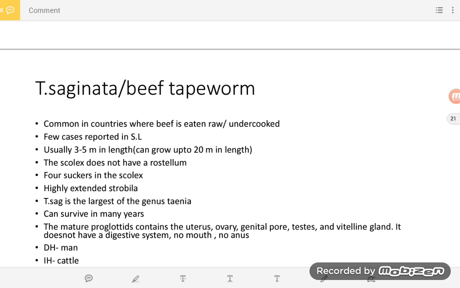So when you ingest raw or uncooked infected beef, containing Cysticercus bovis larvae, you get the infection.